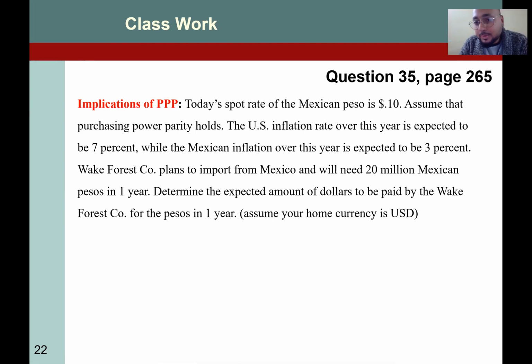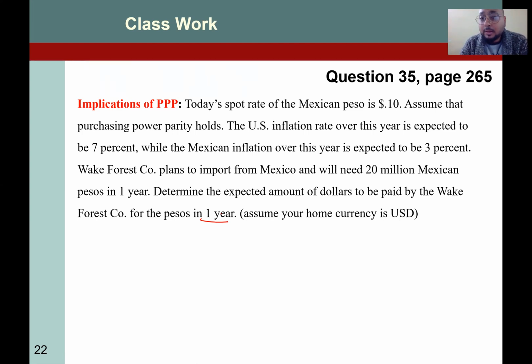The US inflation rate over this year is expected to be 7%, while the Mexican inflation over this year is expected to be 3%. The Wake Forest Corporation plans to import from Mexico and will need 20 million pesos in 1 year. Determine the expected amount of dollars to be paid by Wake Forest Corporation for the pesos in 1 year.